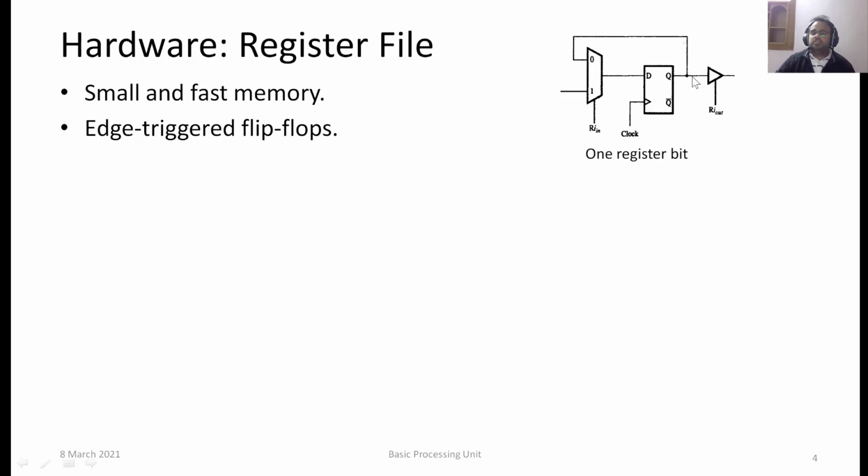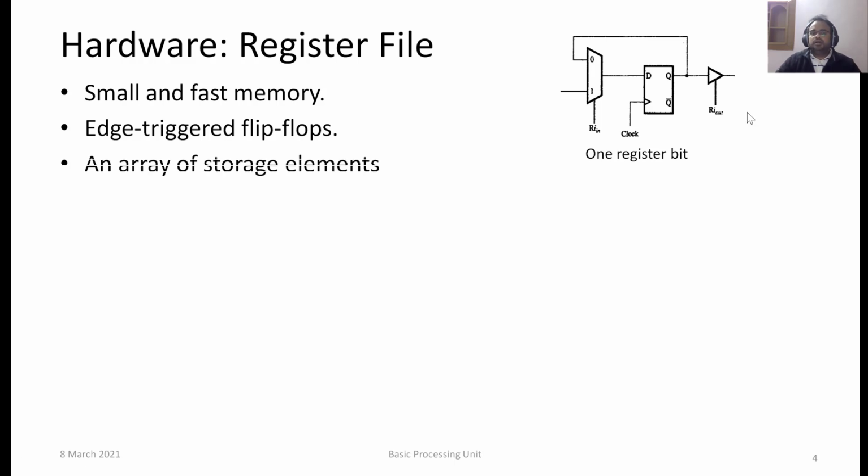If we don't want to change the input, then it would be selecting 0 by appropriately setting the RIN, right? If you want to write a new value, that would be given to the other end of this mux, and it would be picked appropriately, right? This happens for every positive edge.